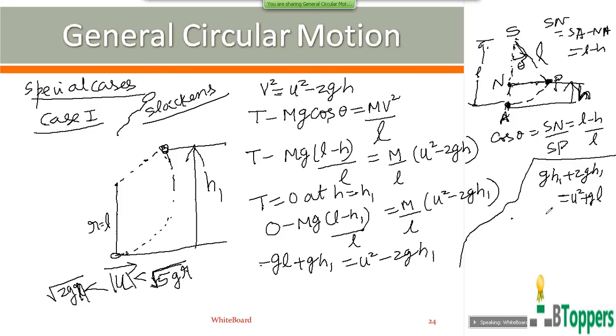So 3gh1 equal to U square plus gL. So the vertical height above the lowest position at which the magnitude of tension in the string becomes 0, or the string slackens, will be given by h1 equal to U square plus gL by 3g.